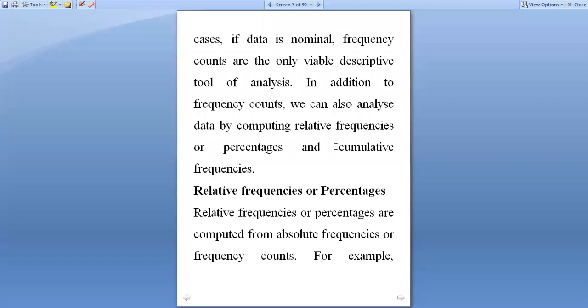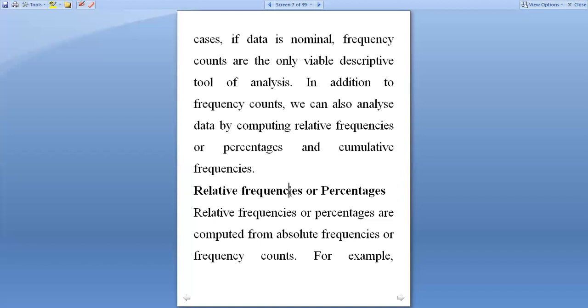We also use cumulative frequencies when the data we have is categorical. But there is a difference under cumulative frequencies. When the data is categorical but ordinal, that is when we can use cumulative frequencies. You will see it when we reach it.